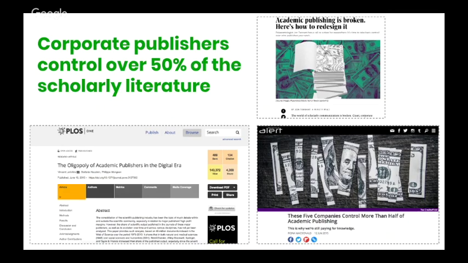Academic journals have become highly centralized among the big five corporate publishers who've developed really outsized influence over how scholarship is produced and distributed, and have been able to raise journal prices to, at times, often unsustainable levels as a result. We know that publishers have profit margins rivaling Apple's, and many in academia are arguing that their centralized control of top scholarship is the reason that they're able to keep raising costs.